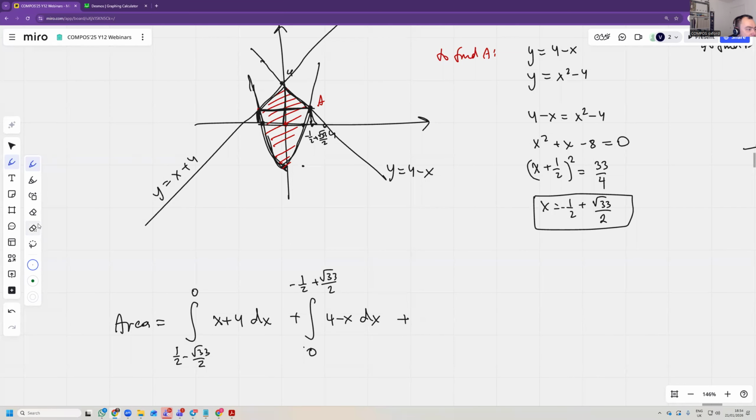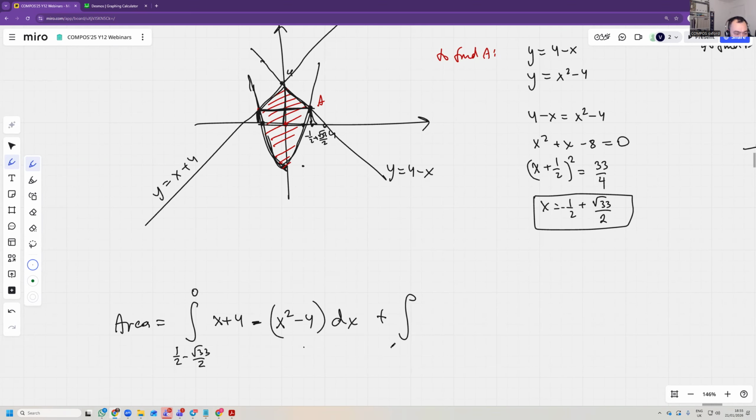No, we don't need that. It's an area between two curves. It's from minus a half to 0. We subtract the bottom curve, x squared minus 4 dx, like this. You're allowed to do this because it's the area between two curves. So you do top curve minus bottom curve, right? And that's way easier.